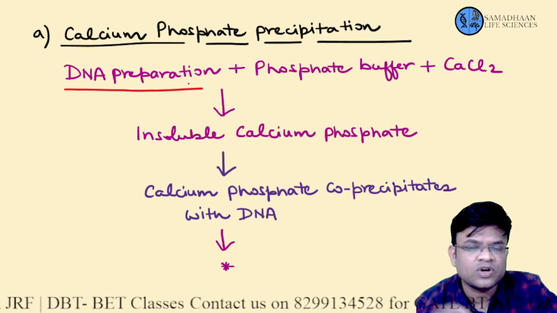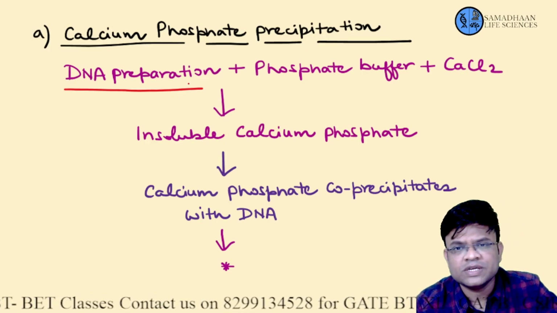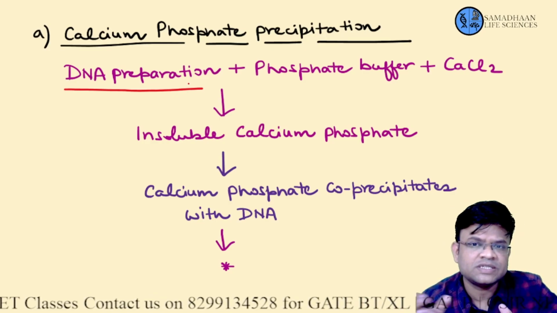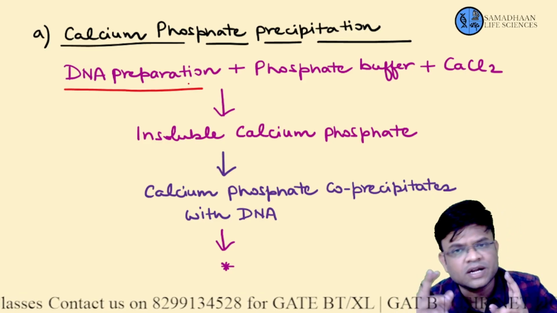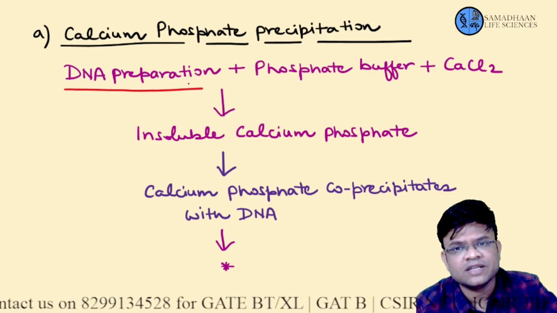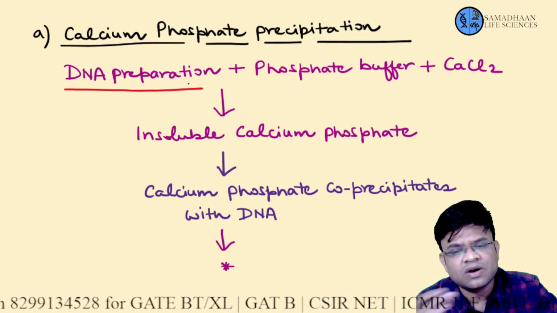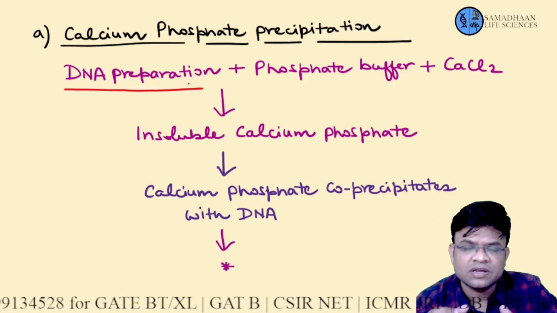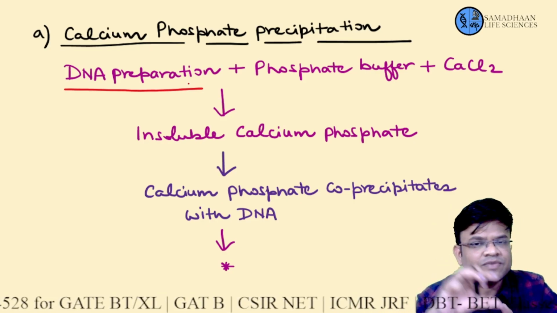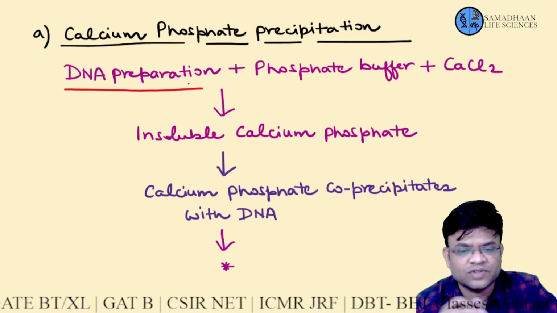Let us say you isolate it from the WBCs. You take out the WBCs, you rupture the WBCs, and then you take out the DNA, you cut it with restriction endonucleases and find out the exact fragment that you want to isolate. This fragment is called the DNA preparation, because this is the DNA fragment that we want to transfer inside the animal cell or embryo, for that matter.